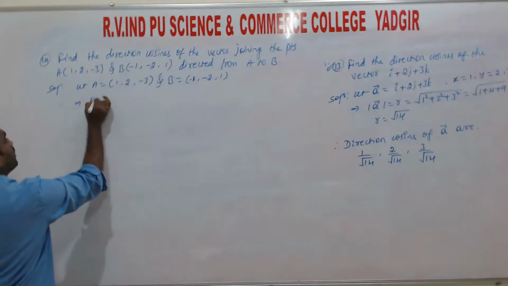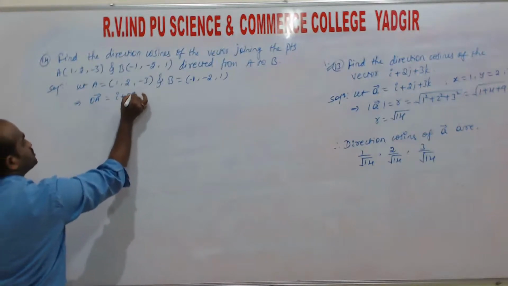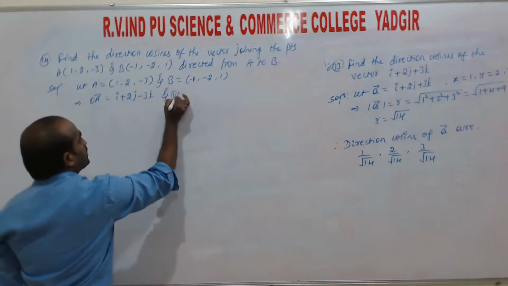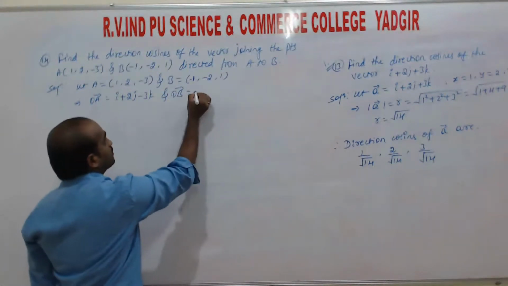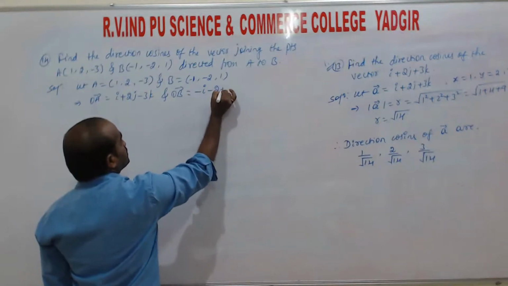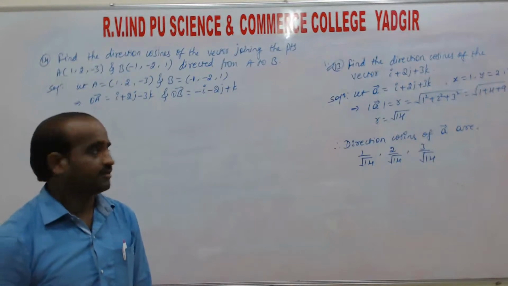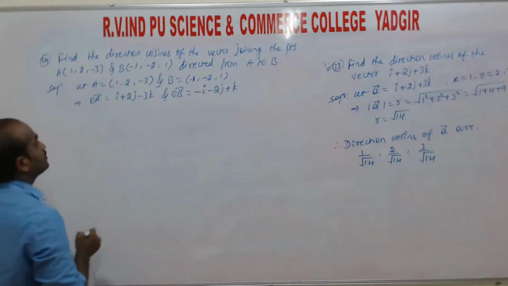Now OA vector is i plus 2j minus 3k, and OB vector is minus i minus 2j plus k.